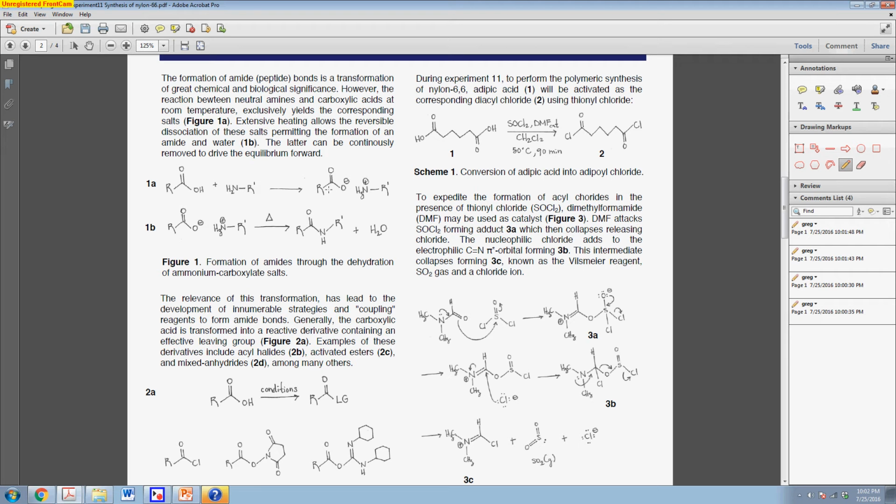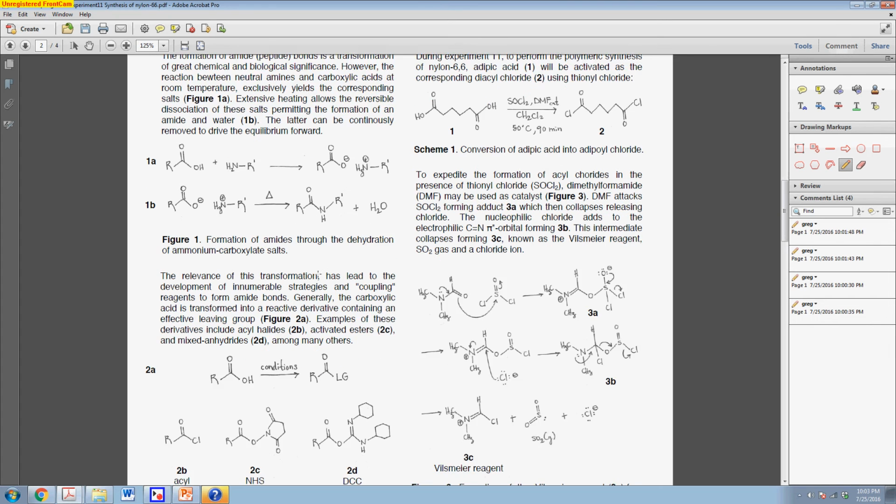So you're going to form the carboxylate and the ammonium. This cannot act as a nucleophile, and this is an exceedingly poor nucleophile. Under extreme heating conditions, you can get this reaction to proceed, but not very efficiently.